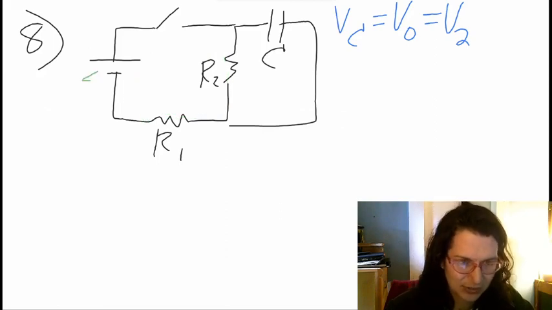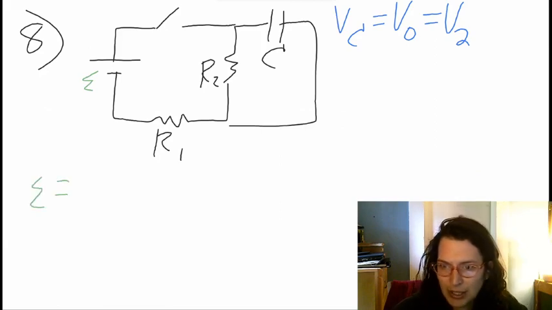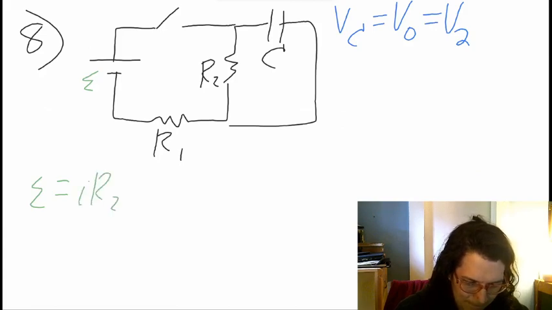So this is an epsilon. That allows us to write the equation that epsilon is equal to R2 times the current, so we'll call that I times R2, plus I times R1.